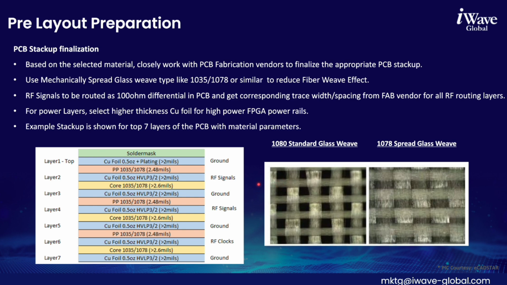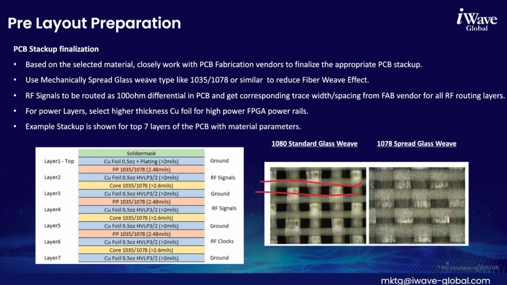So when we route RF differential signals, P and N, the Dk of the glass weave dielectric is different and the Dk of the resin is different. When we route the signals over this uneven space, one signal tends to travel faster and the other signal tends to travel slower. This will create a timing mismatch and a signal integrity issue.